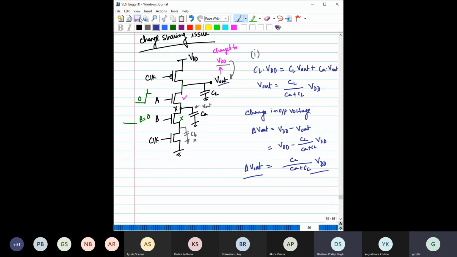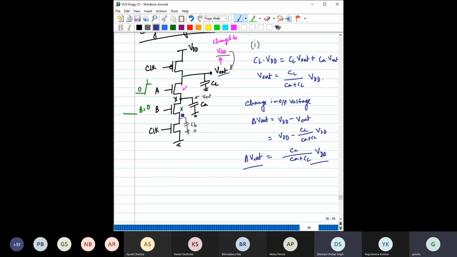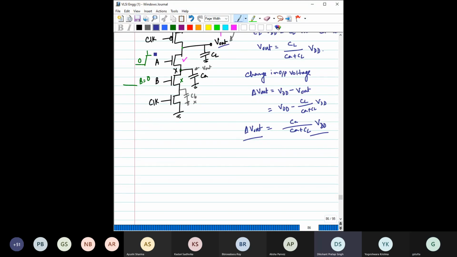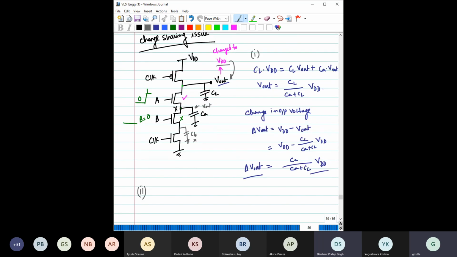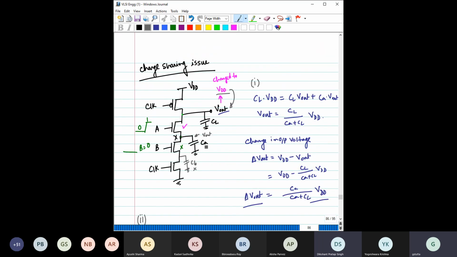What might be the other scenario? The other scenario might be something like this: say this CA value is low. That means whatever charge is coming can raise the potential of this node X quite significantly.